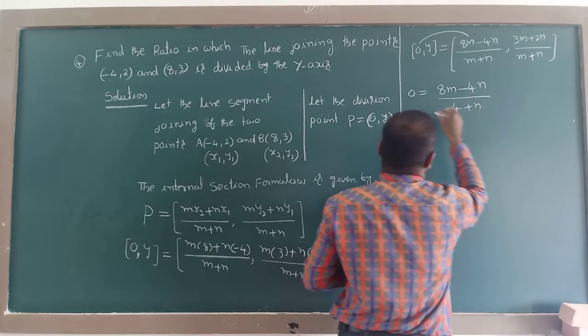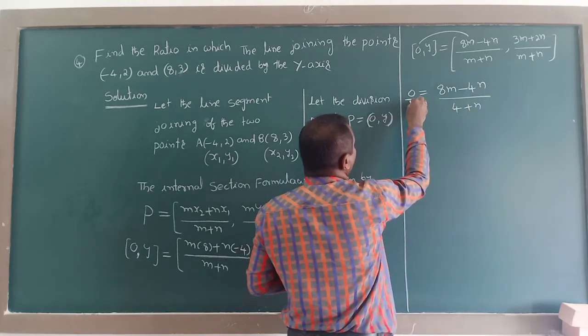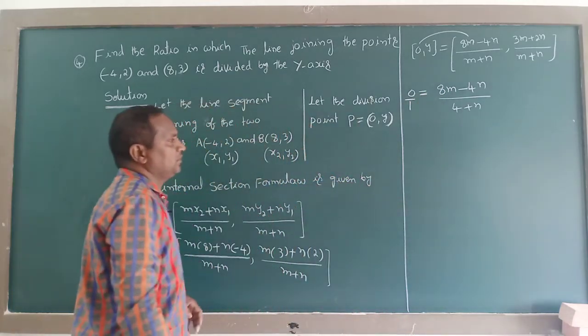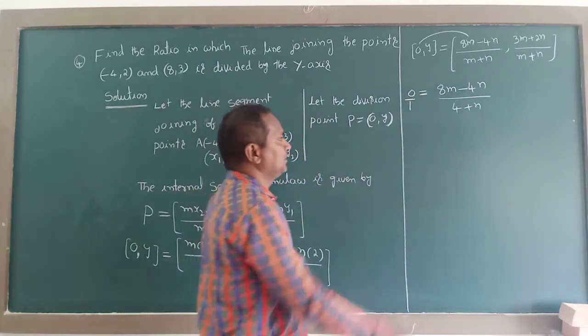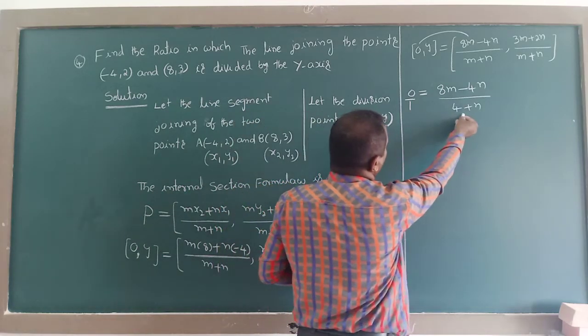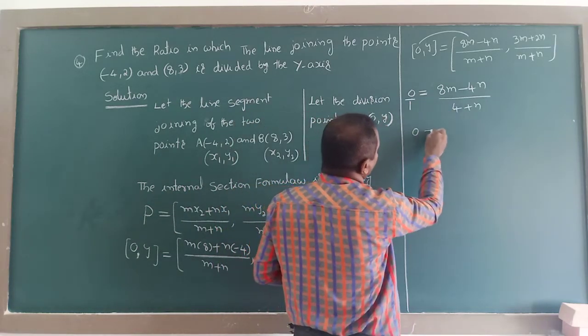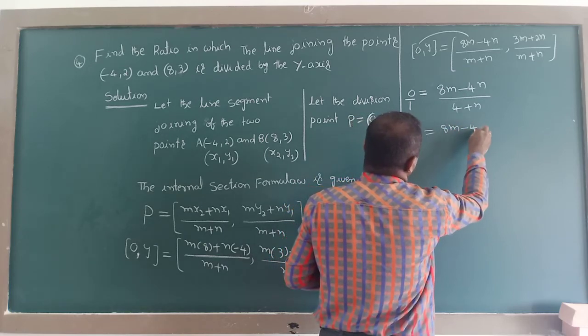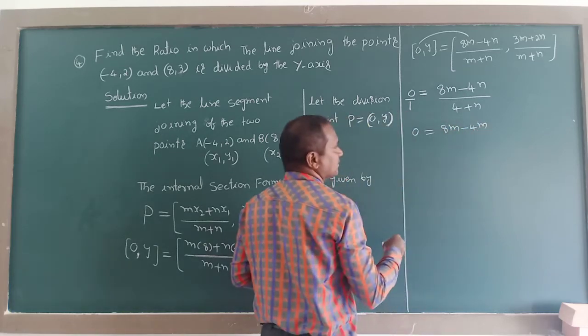There is nothing in the denominator on the left hand side, so we consider it as 1. Taking cross multiplication, (m plus n) into 0, 0 is equal to 1 into (8m minus 4n), that is 8m minus 4n.